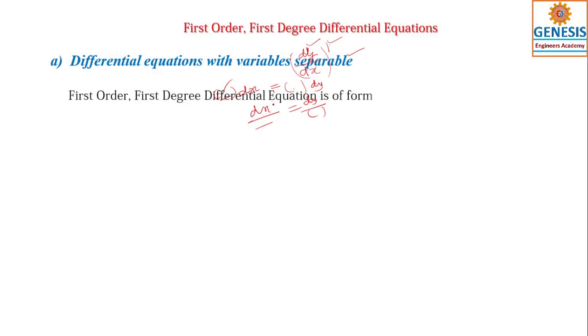So the first order first degree differential equation is of this order, that is what I have shown you. The other thing is a function of x and y, the function which contains the terms x, y and dy by dx. This is first order first degree.